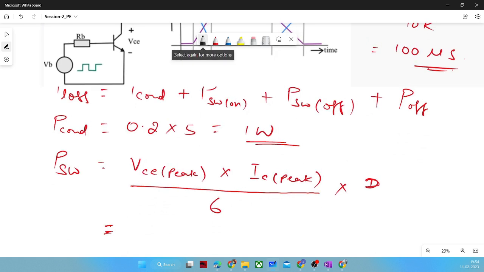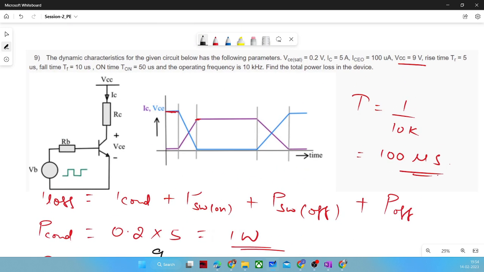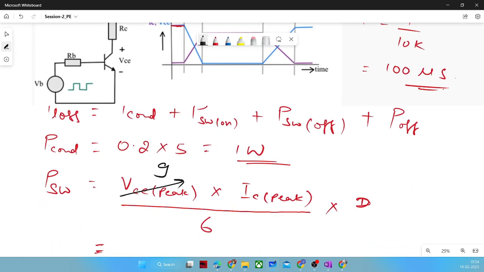So we will take that as 9, and IC peak will be the value when this switch will conduct, right? So that is 5 ampere given in the problem. So we will take 5.